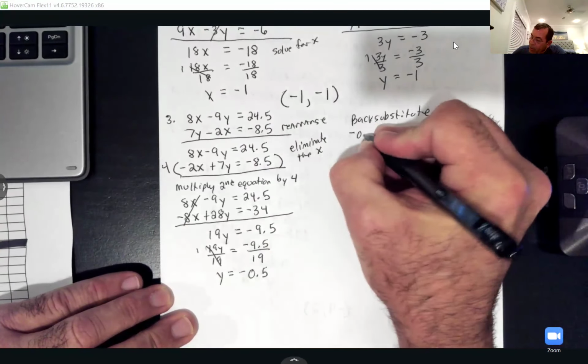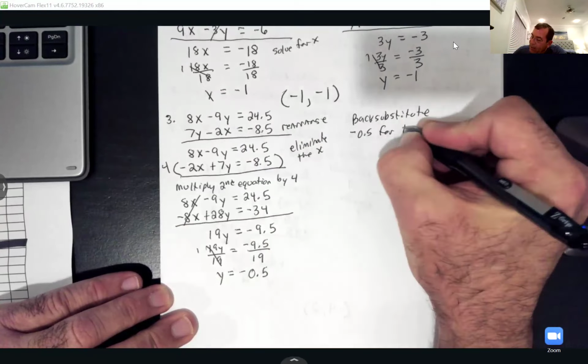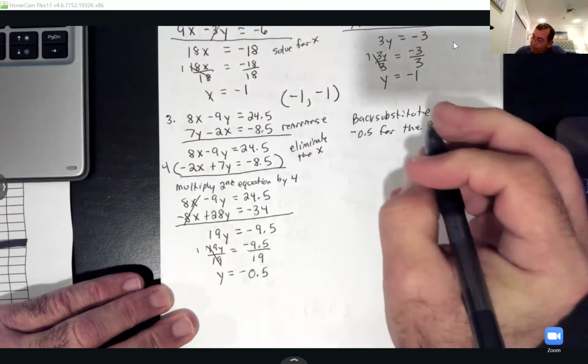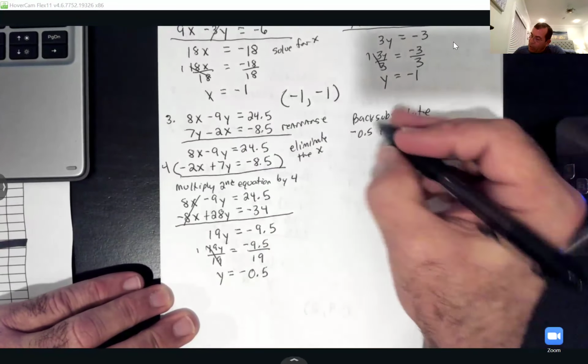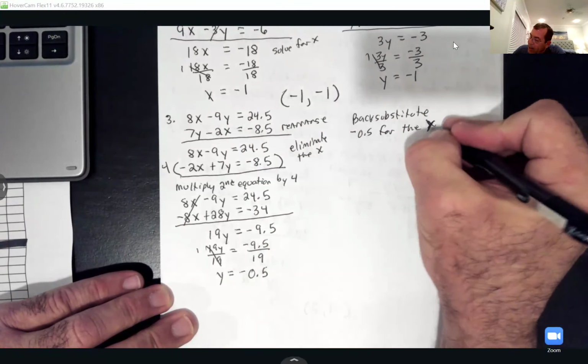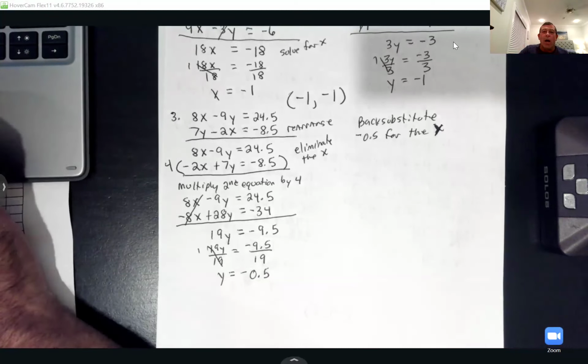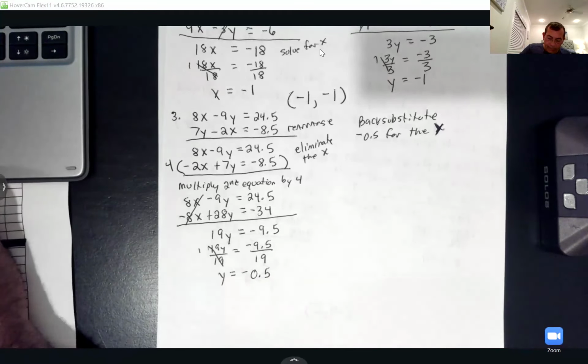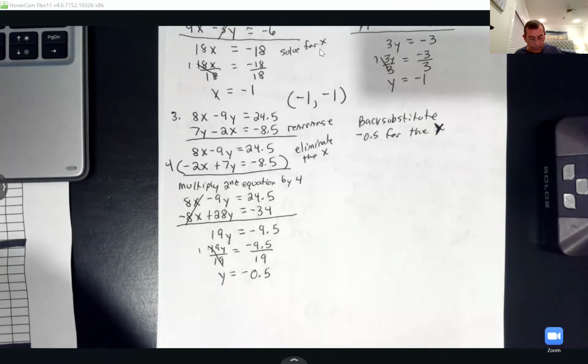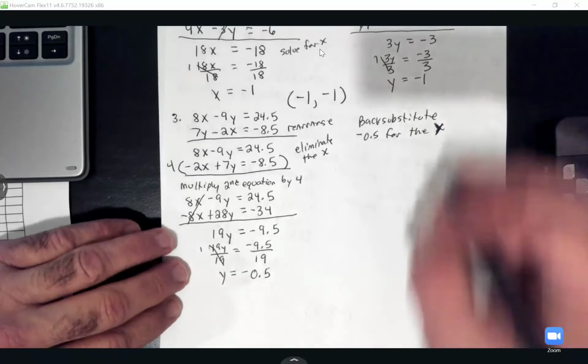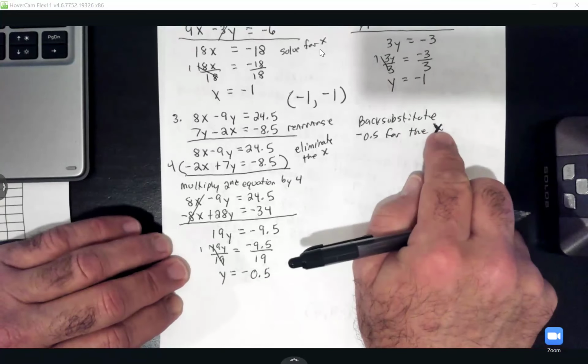So a negative 0.5 for the x. Oh, that's a y though, my bad. So negative 0.5 is going in for the y. So make sure that's a y there, okay?